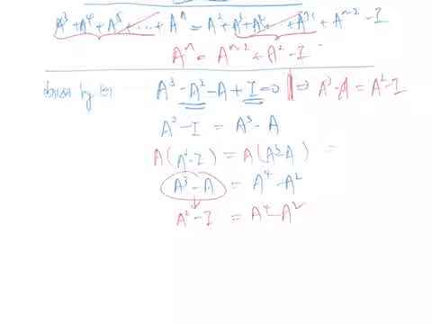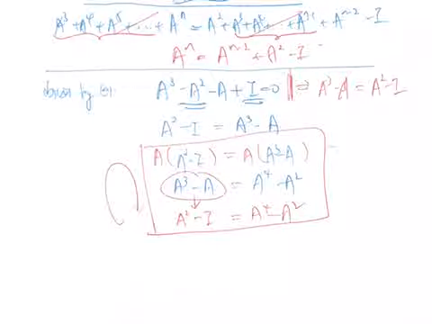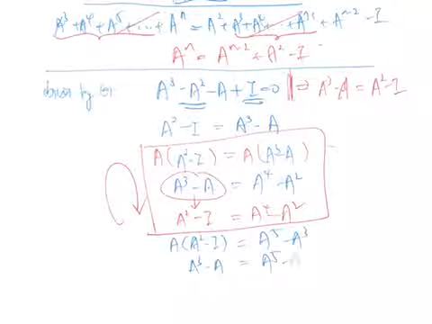And afterward, we will repeat this process again. So next step, we multiply A on both sides. And then this will become A cubed minus A again. So this one makes use of the result here.